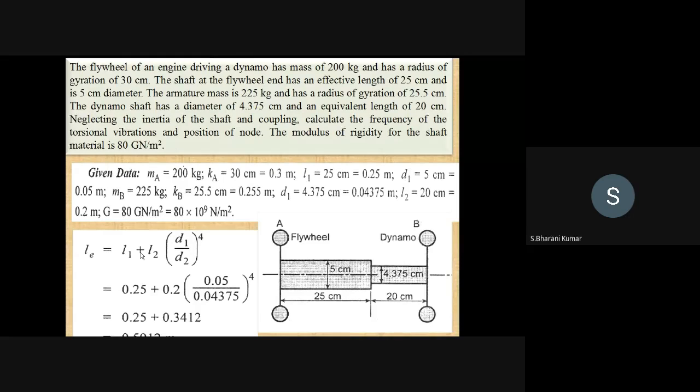Nitish Kumar. I think there is only one Nitish Kumar in the class. Yeah, explain about the sum, not in the chat box.